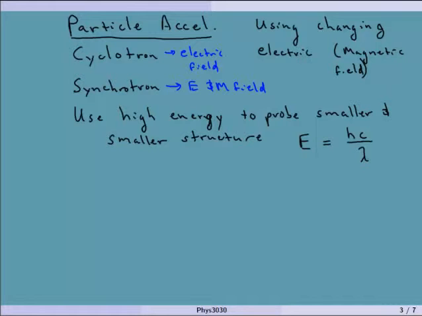But looking at this equation, the gist of what I want to say is the energy is on the top over here, the wavelength is on the bottom down here. So as the energy goes up, the wavelength goes down, and small wavelength allows you to look at small things, because the length of the wavelength is what I can probe and what I can look at.